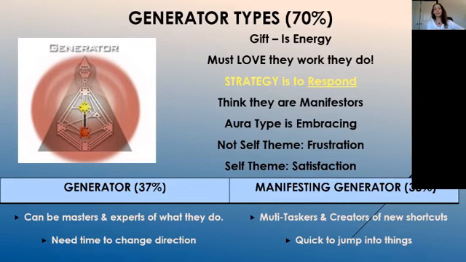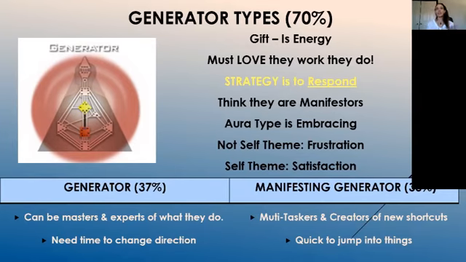Generator types can be the masters and the experts at what they do. Manifesting generators in general tend to be more the jack of all trades. It doesn't mean they can't get really good at what they do, but they tend to be involved in so many things. They love so many things that they're less likely to take one thing and really take it to expert level, to professor level. And it's just to know that is the gift.